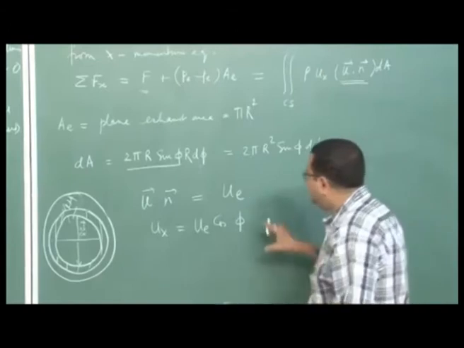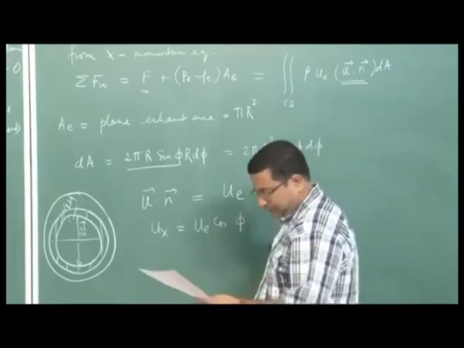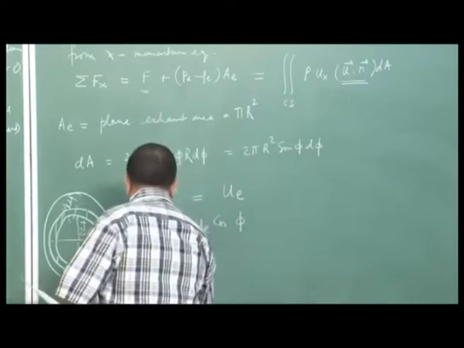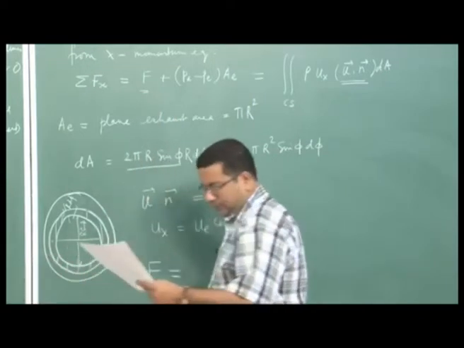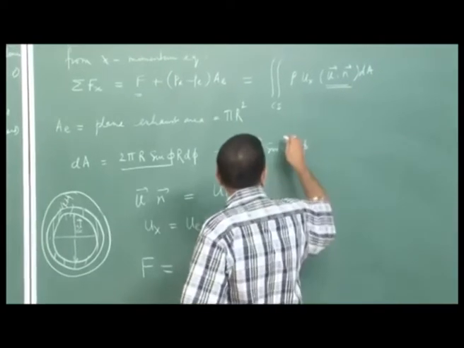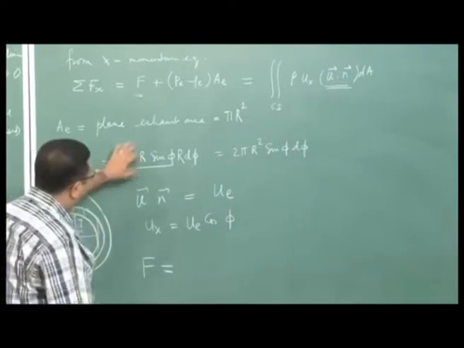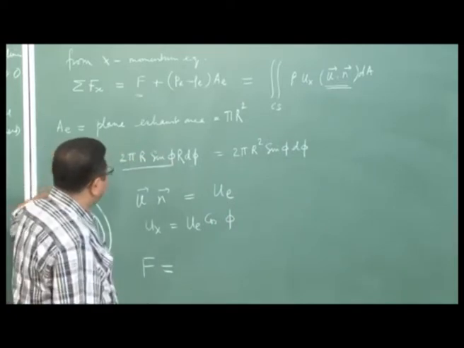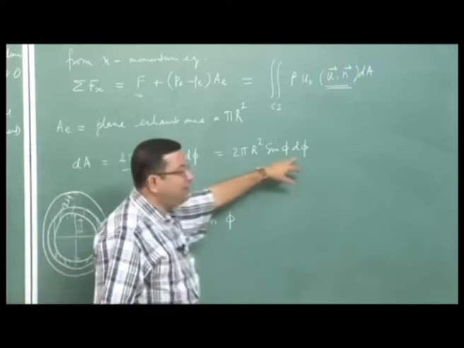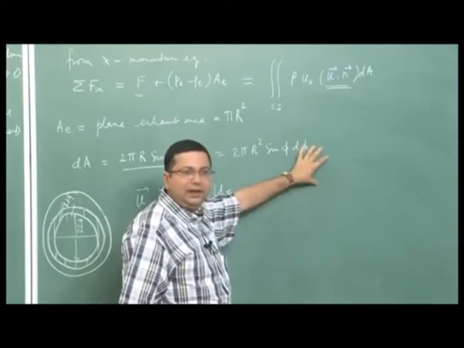Now let us put all of this back into the expression for thrust. We are interested in getting an expression for this thrust F. Since we have already transferred dA in terms of d phi, the integration over this area is essentially integration over this angle.